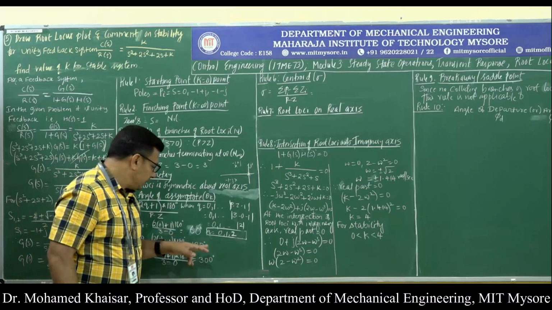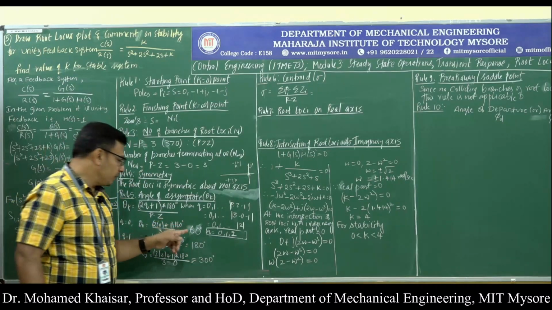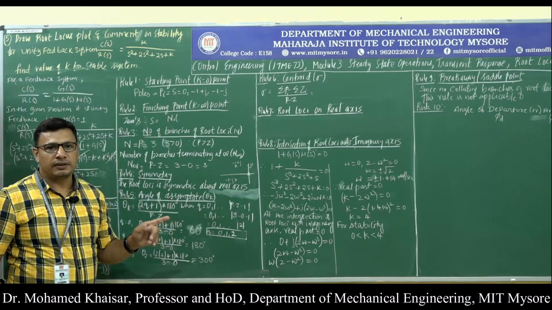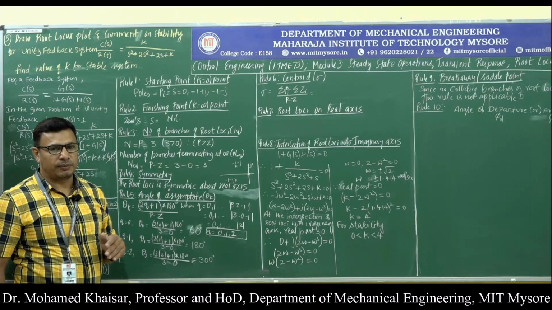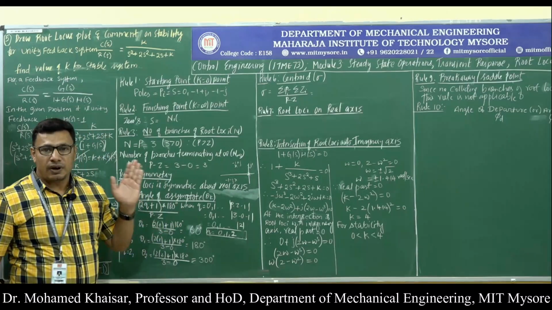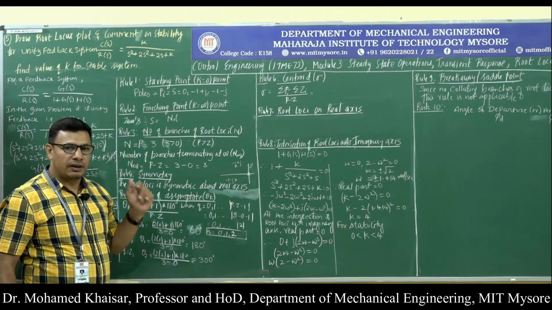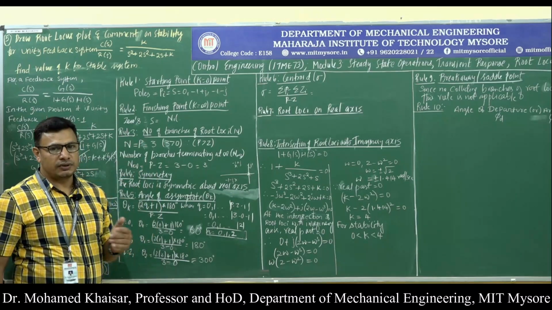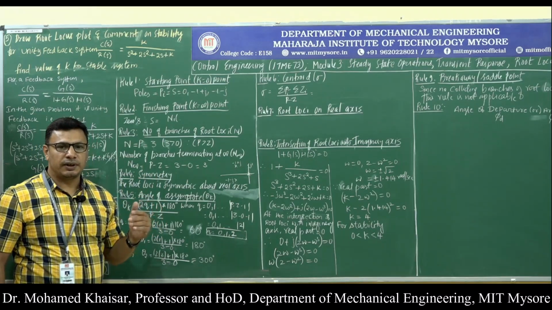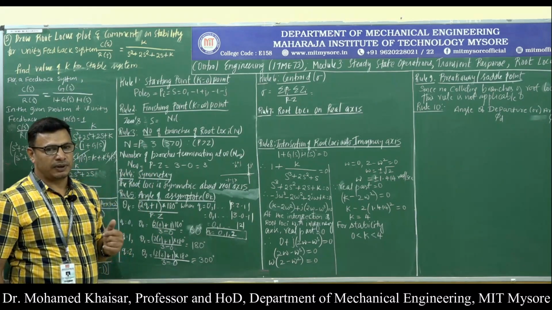Why? Because the moment we come to know that the asymptotic straight line is going to intersect the imaginary axis and go to the right half of S plane, the root locus will also approach the asymptotic straight line. The root loci are drawn along the asymptotic straight line, so they are going to intersect the imaginary axis and move to the right half of S plane.